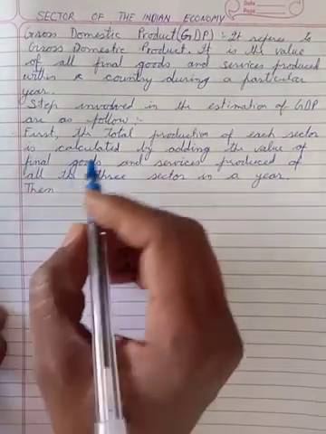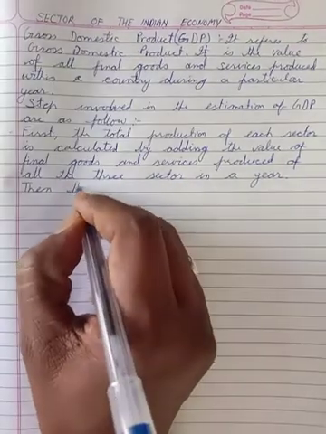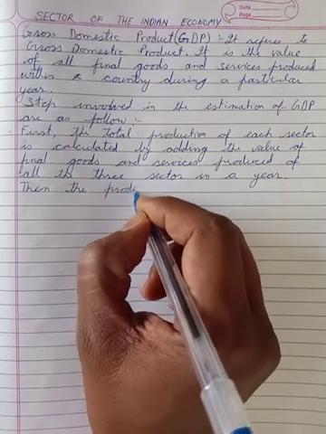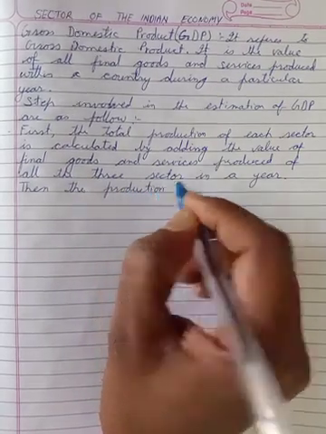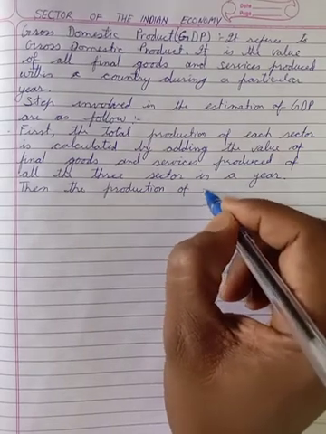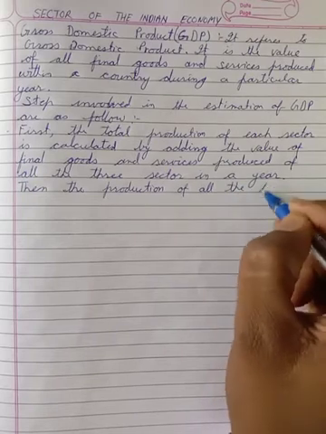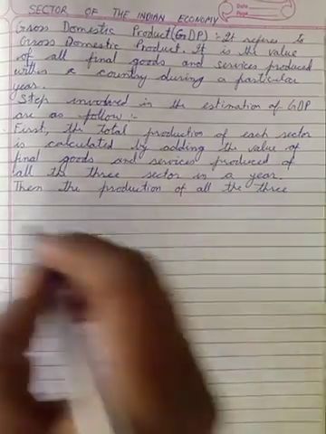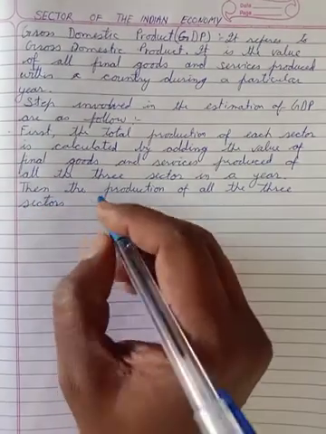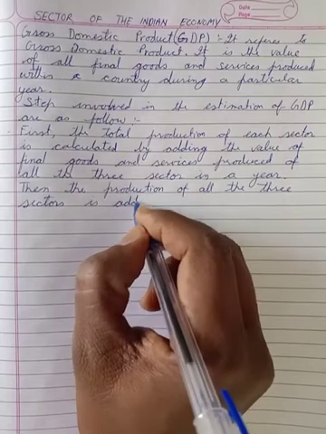First we had this; now the second, after calculating all this, the production of all the three sectors is added.